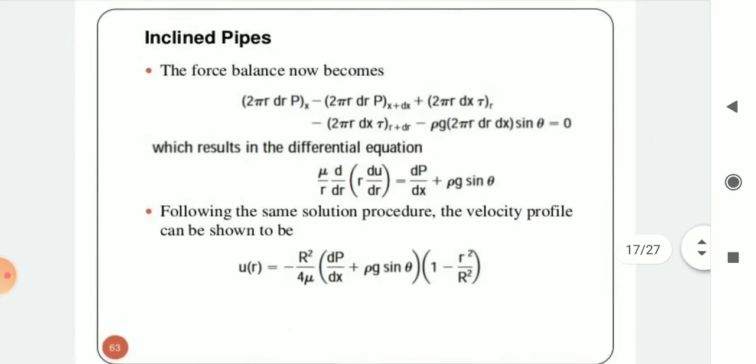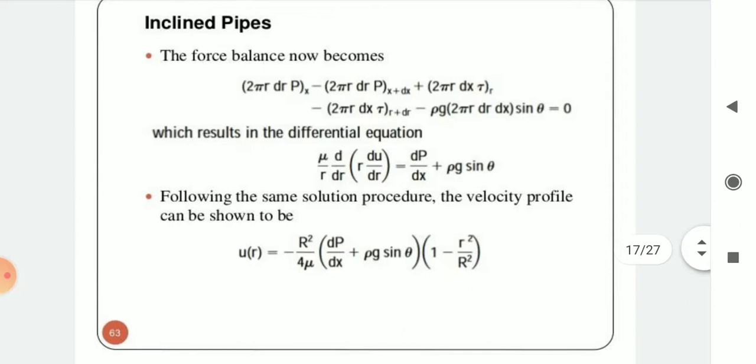So the force balance now becomes 2πr dr P|x − 2πr dr P|x+dx + 2πr dx τ|r − 2πr dx τ|r+dr − ρg(2πr dr dx) sin θ = 0, which results in the differential equation (μ/r) d/dr (r du/dr) = dP/dx + ρg sin θ.